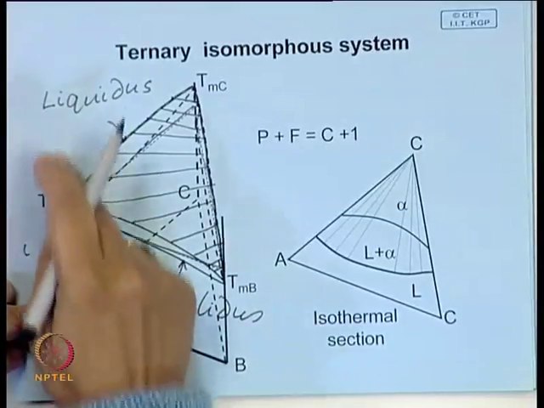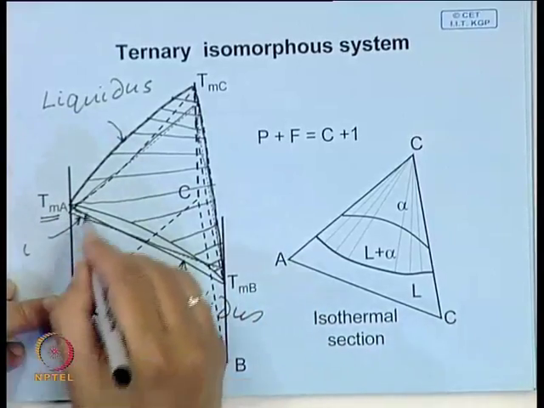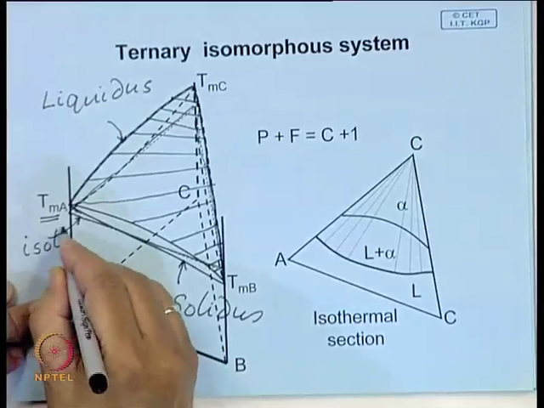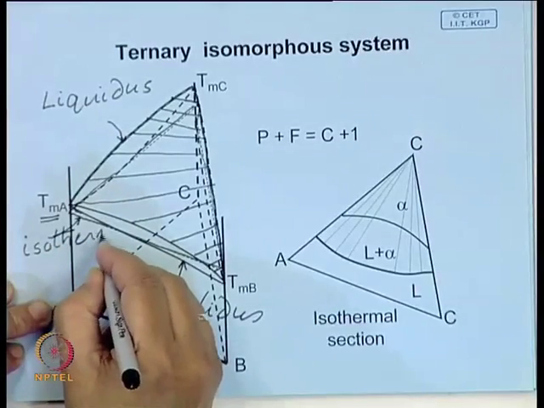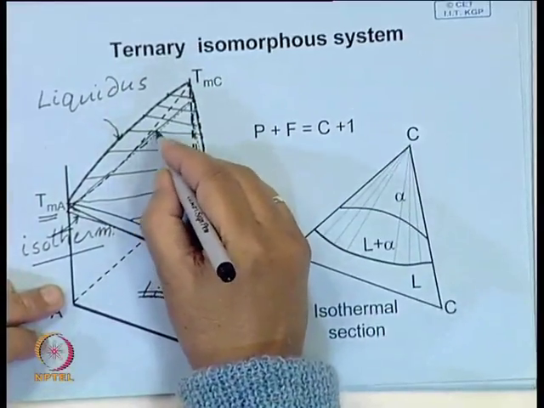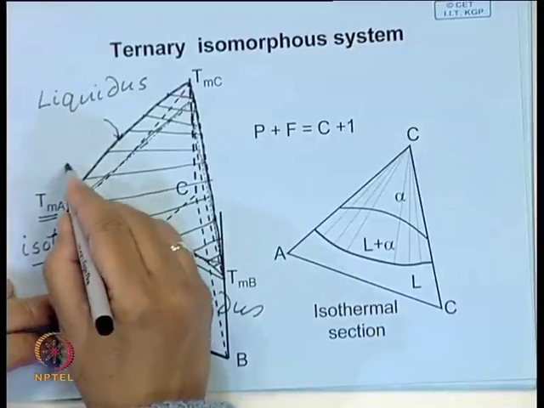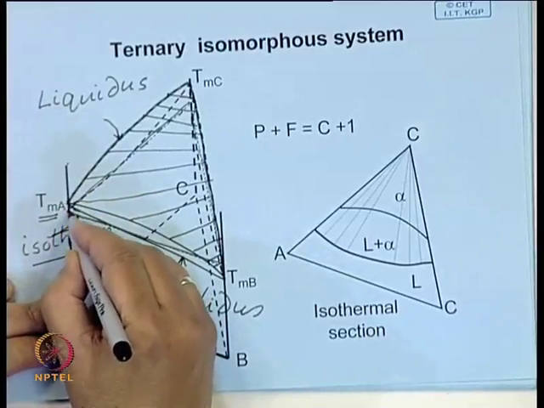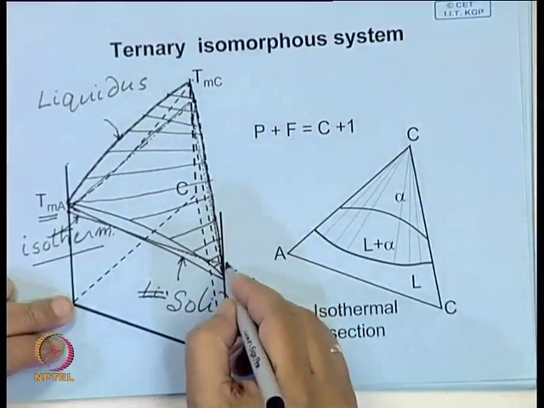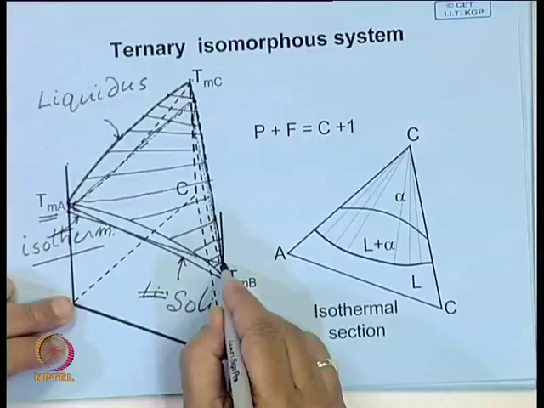This vertical axis represents temperature, this is the melting point of A, and this dotted line represents a plane which intersects the temperature axis below the melting point of A, below the melting point of C, but above the melting point of B.